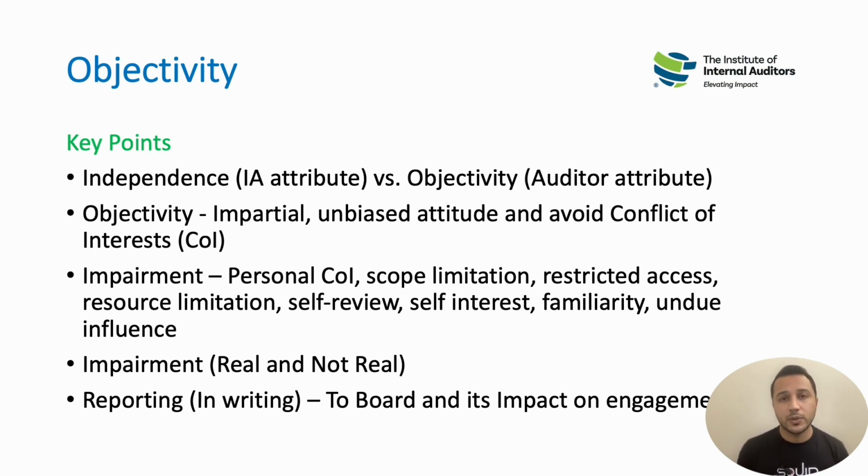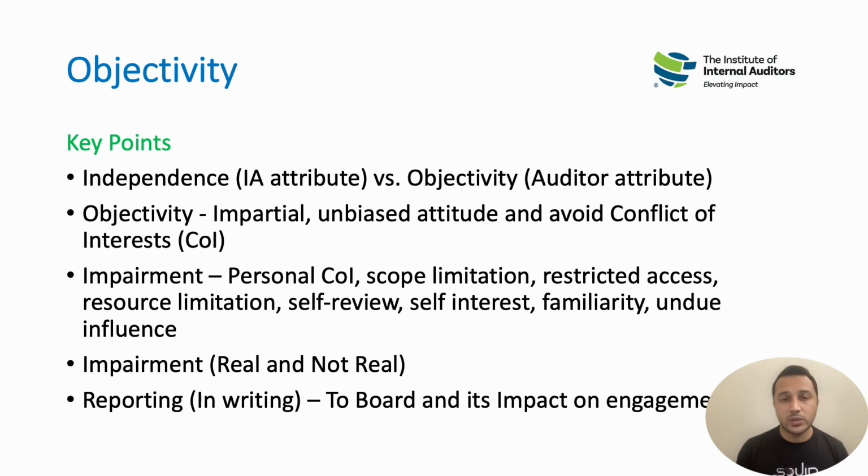So that could be another possibility that may lead to compromise of your objectivity. So these are the kinds of situations. If you fall into those situations, there is a high possibility that you might encounter an objectivity issue.